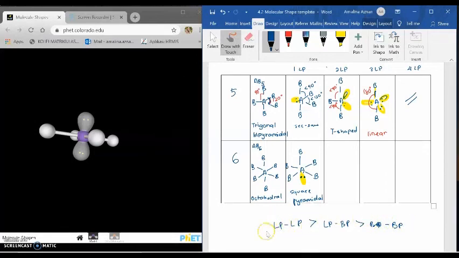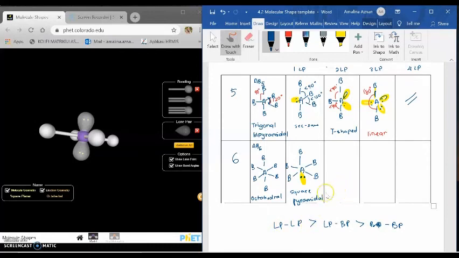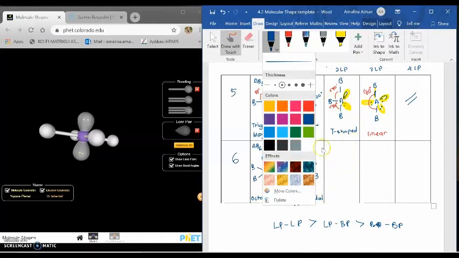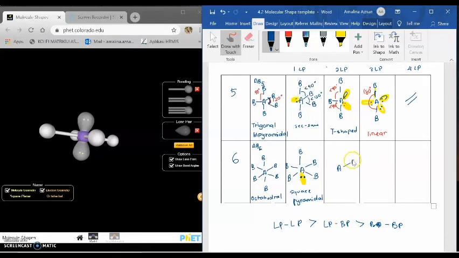Okay, so for lone pairs, they will arrange themselves as far as possible. Okay, so the structure here will be A as a central atom. You have 4 bonding pairs and lone pairs above and below your central atom.